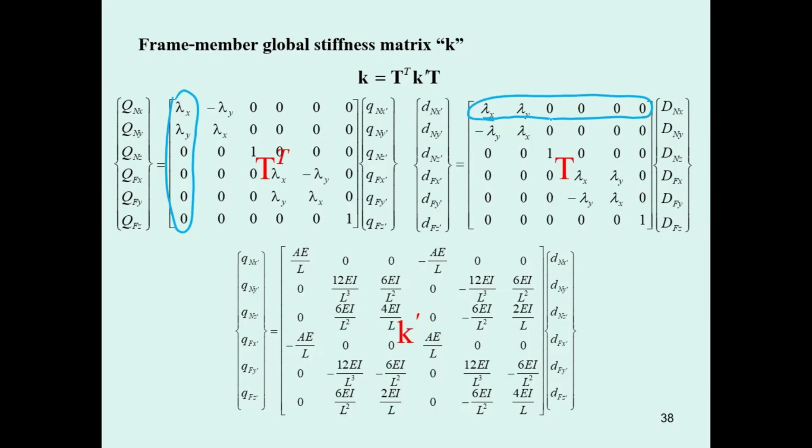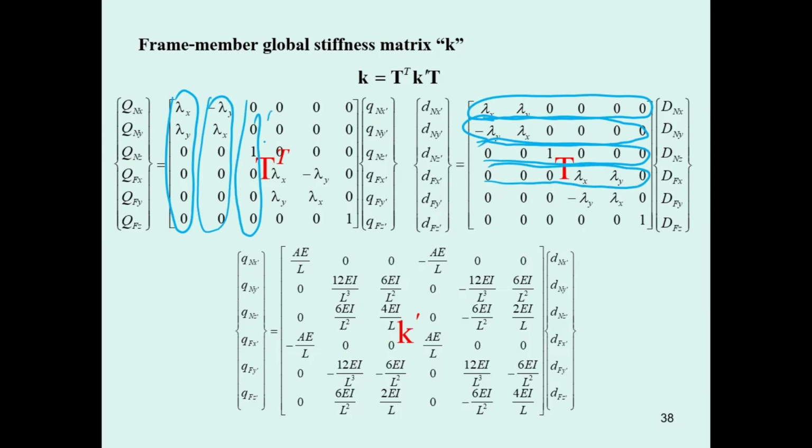This is going to be the transpose of T into T transpose. For this one, when you transpose, this row is going to be the column, and then this row is going to be this column, and then this row is going to be this column, and then this row is going to be this column. Transpose means you are switching between row and column of the matrix.